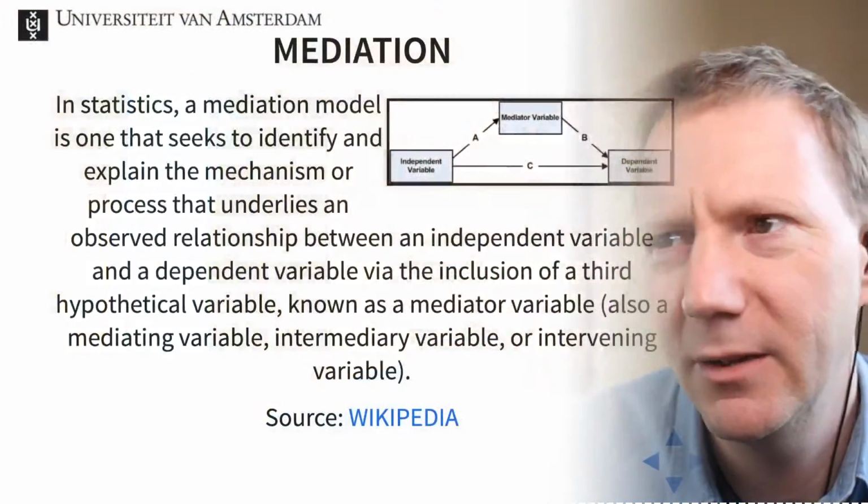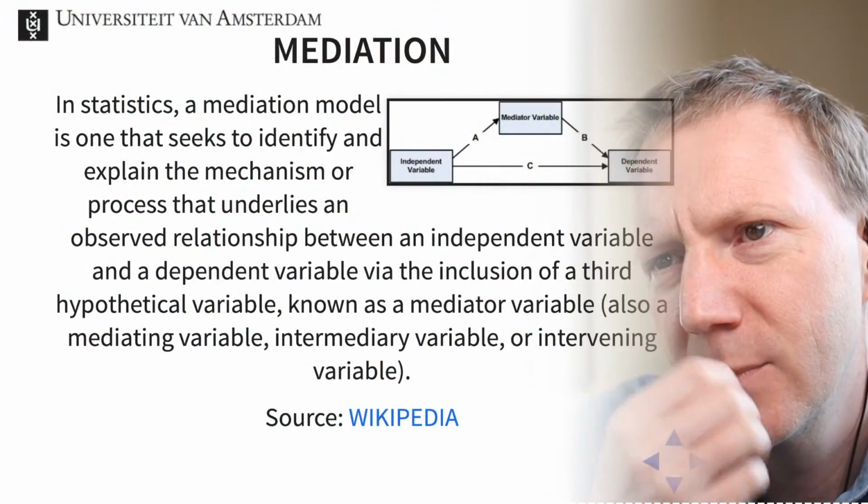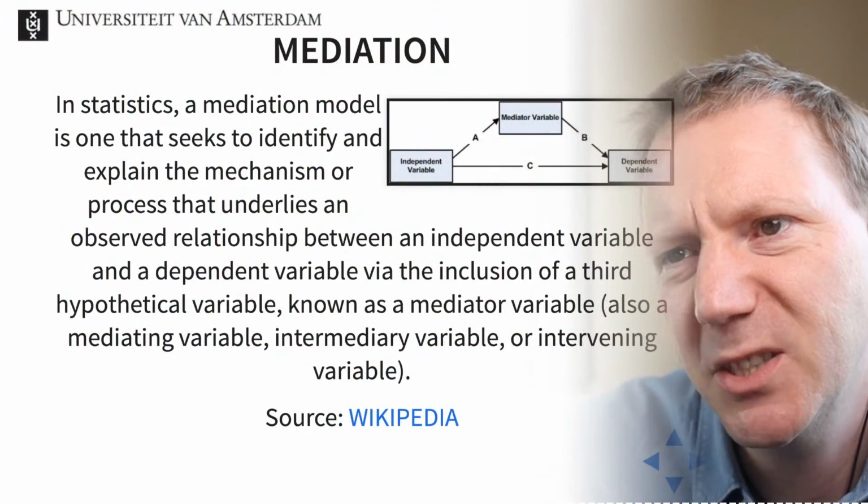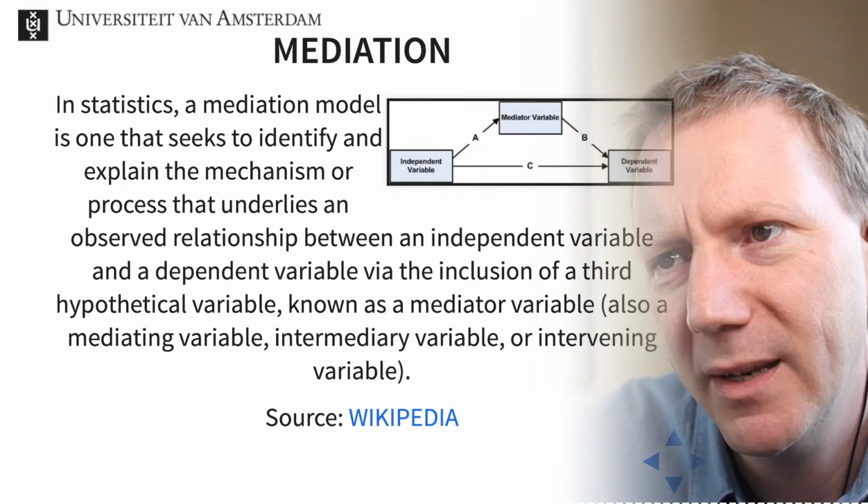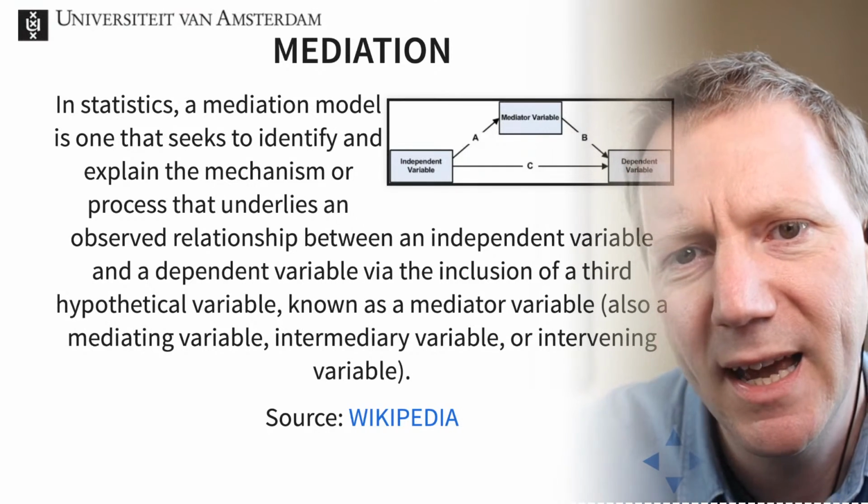One thing I do want to mention right off the bat is that you have to be careful with attributing causality to this relation, because, as it states here in the slides, it seeks to explain the mechanism or the process.